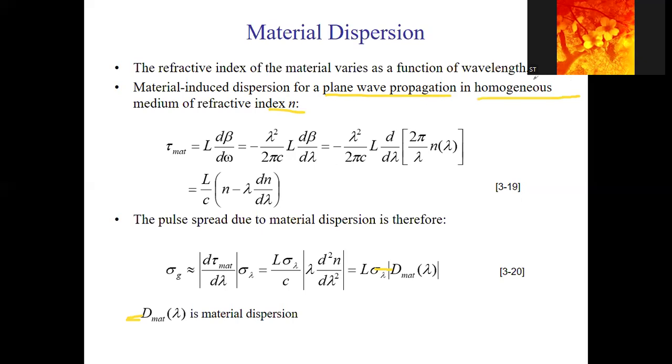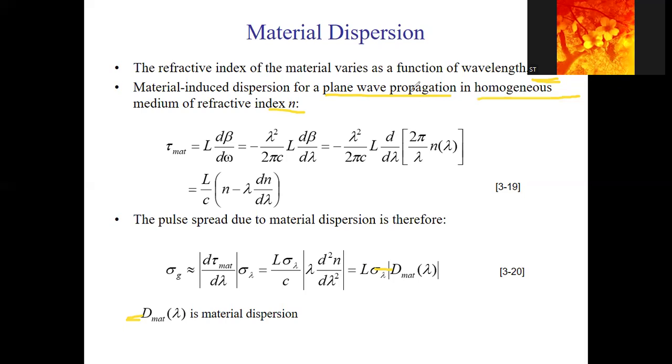Then the refractive index of the material varies with the wavelength and is given by n(lambda). In the bracket there is a wavelength, which indicates that the refractive index is dependent on the wavelength and varies as a function of it.